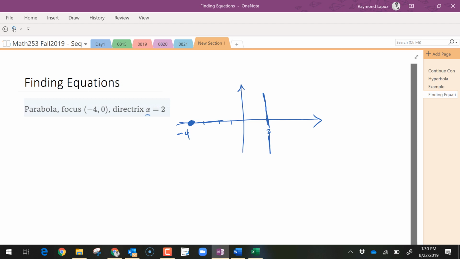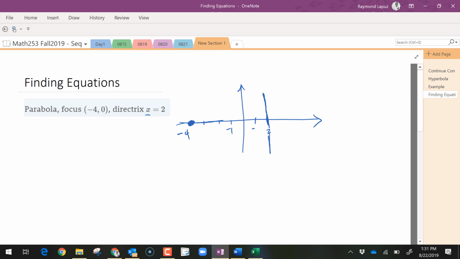And so you should have a parabola. Remember, the parabola is equidistant from the focus and the directrix. So can you find the vertex? Tell me where the vertex might be. I mean, we can find the vertex after we nail everything out, but just by looking at this picture, what is it? -1, comma 0.